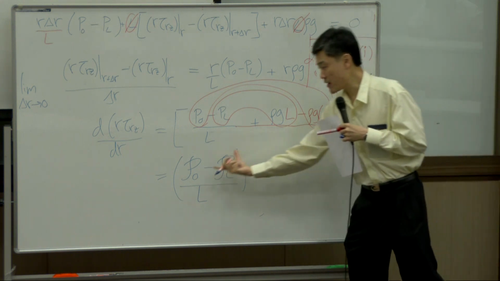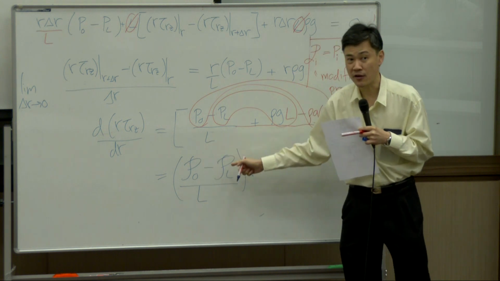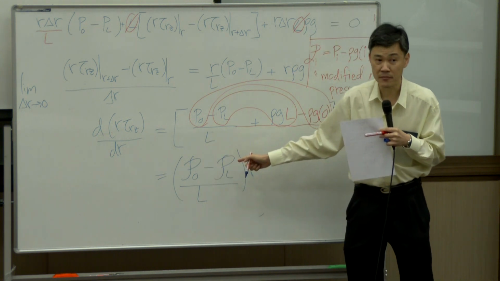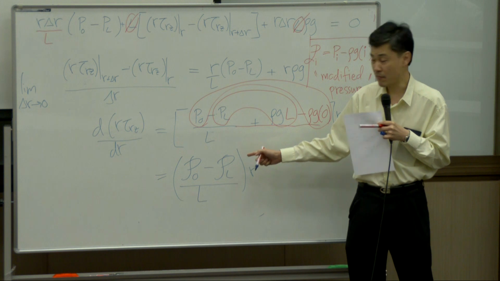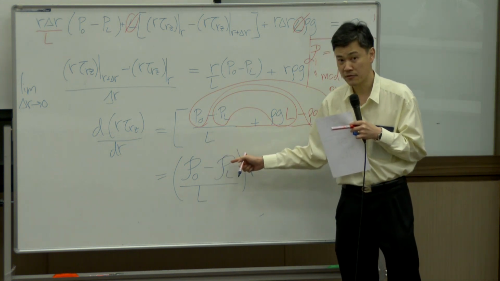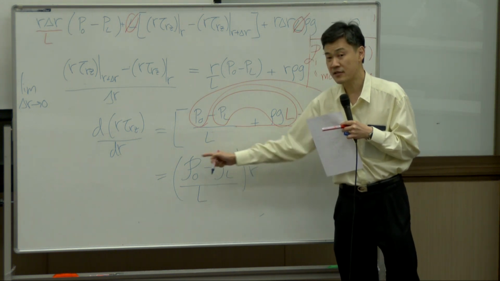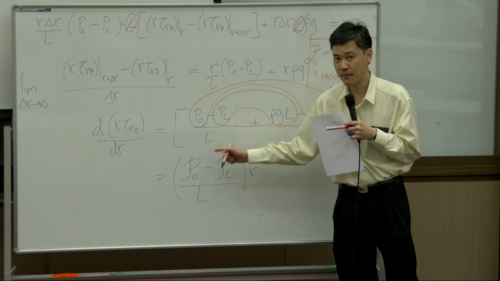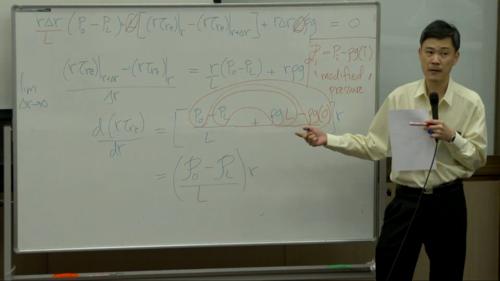The change in pressure here is still considered as pressure drop. Same thing, it still has the unit of pressure. So the difference here would be almost the same as conventional pressure drop.